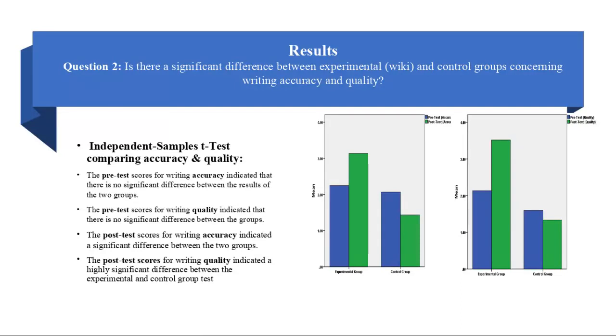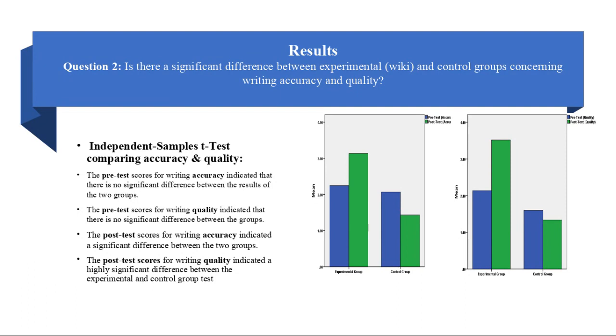For question number two, is there a significant difference between experimental wiki and control groups concerning writing accuracy and quality? Here we used an independent sample t-test comparing accuracy and quality. For the pre-test scores for writing accuracy, the results indicated there is no significant difference between the two groups.